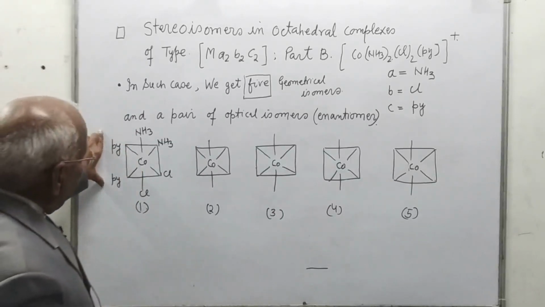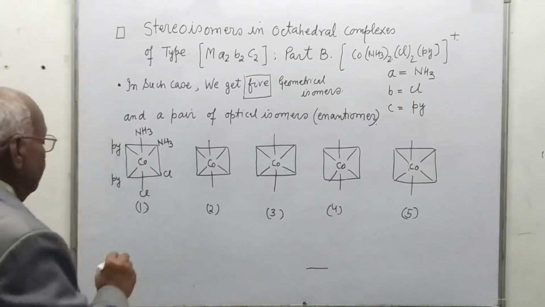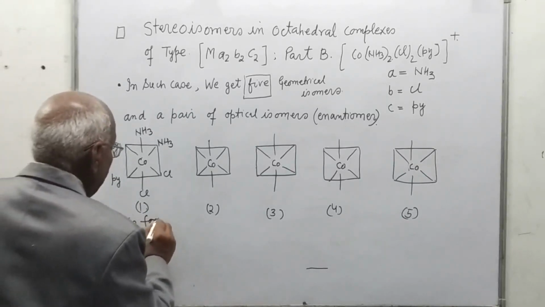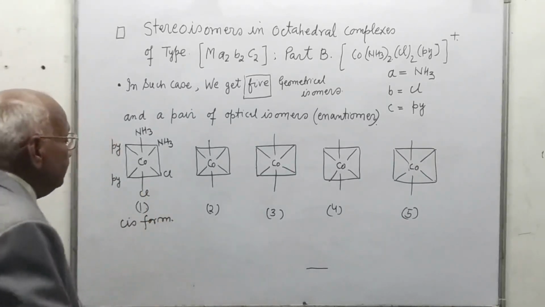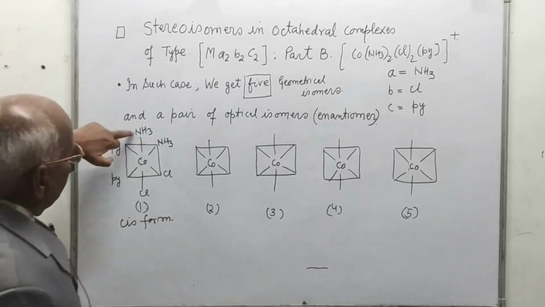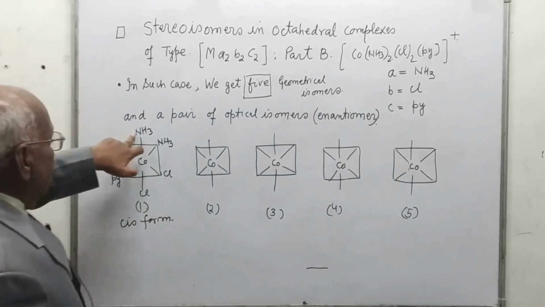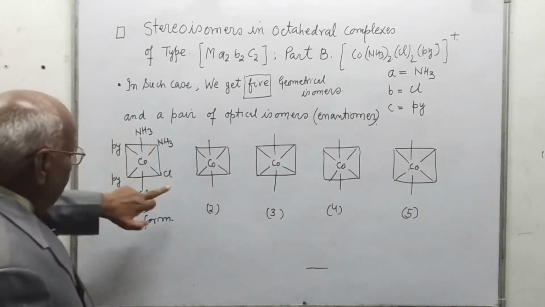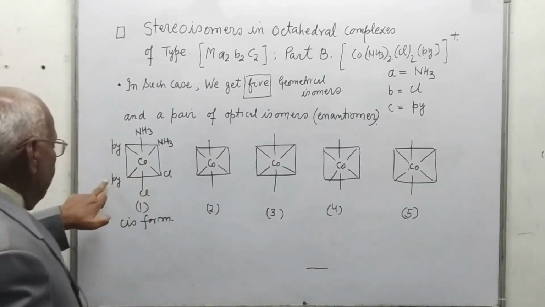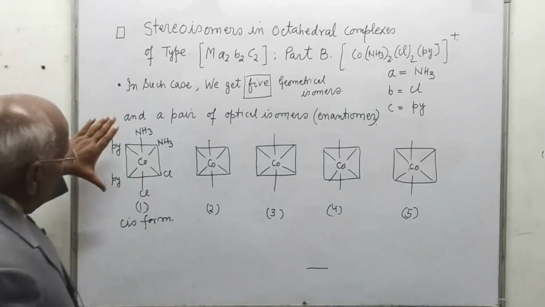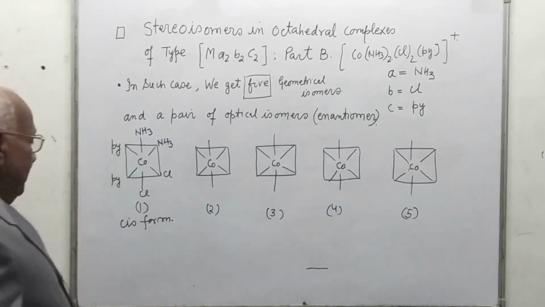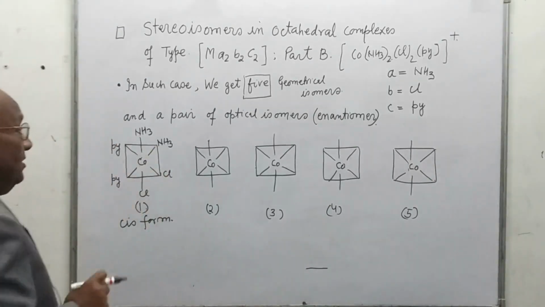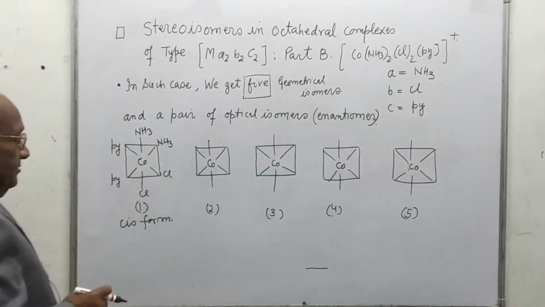So this is the cis isomer. Why the cis form? Because both identical ligands are cis to each other: ammonia cis, Cl cis, pyridine cis. So all the identical ligands are present at the cis position, and it is called the cis form of the octahedral complex.